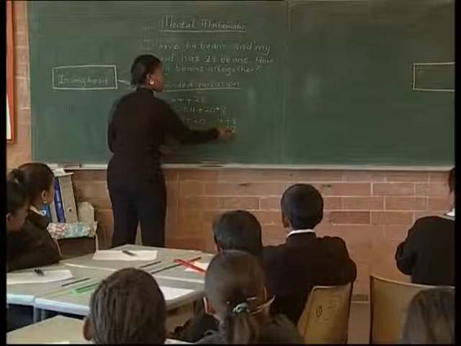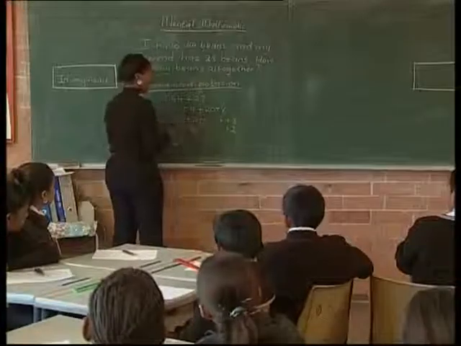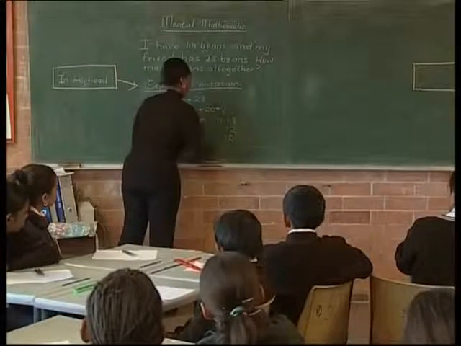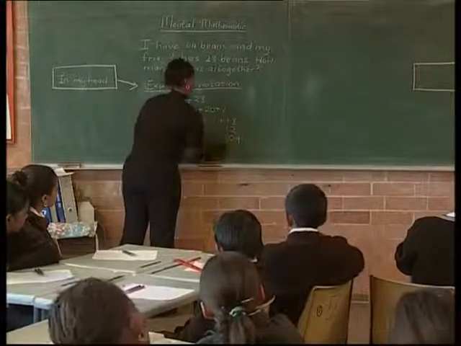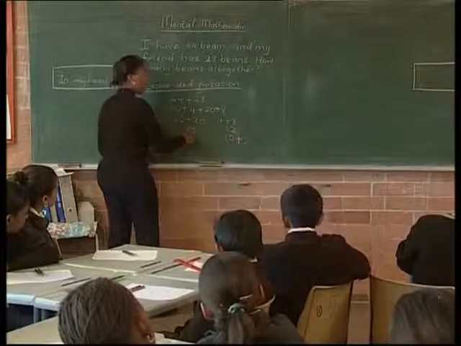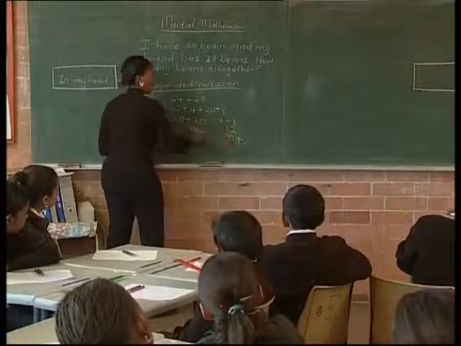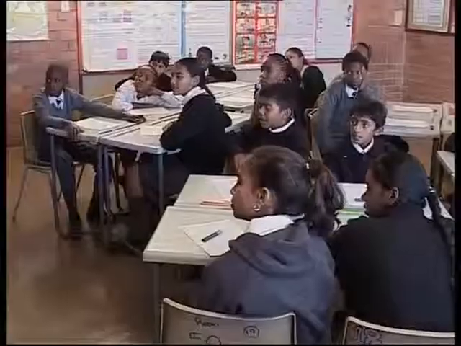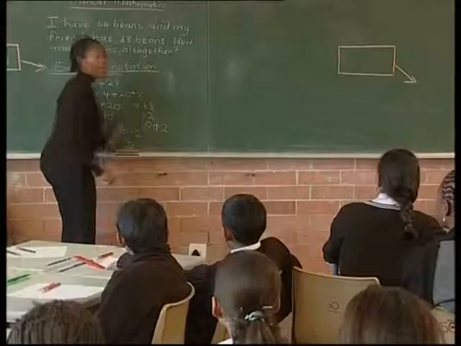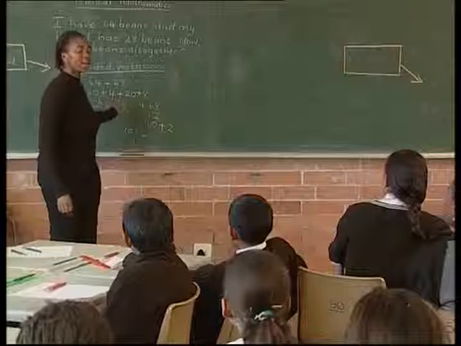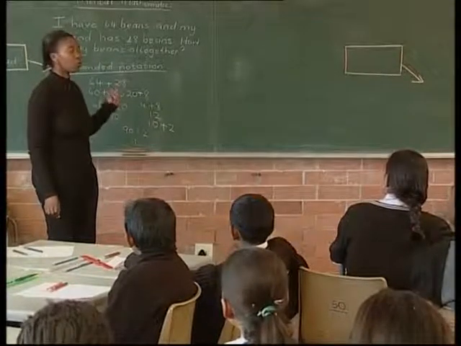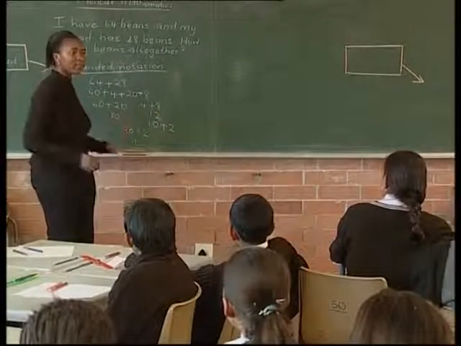Now 12, I can still write it as tens and units. So it will be 10 plus 2. And this 10, I can add it to the tens as well. Now, what is 80 plus 10? 90. And there's 2 units. So what is my answer? 92. Okay, now I want you to copy this sum down the way it is, and I'm going to give you one sum that you're going to do on your own on that other side. You can start.